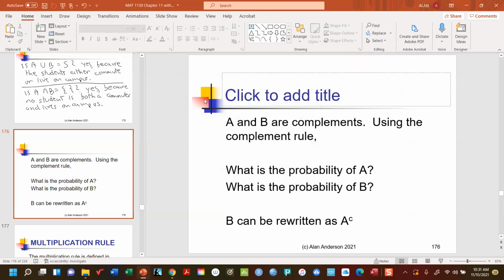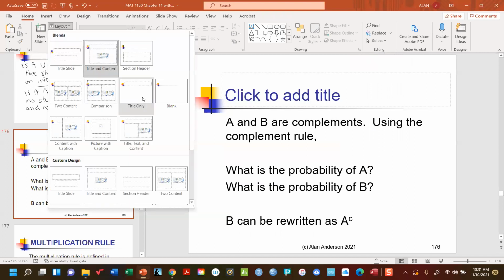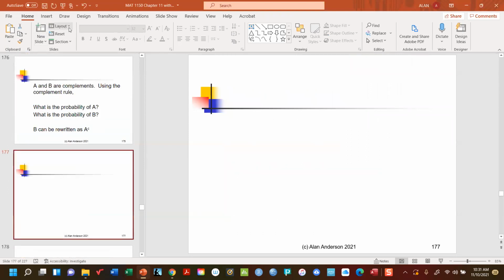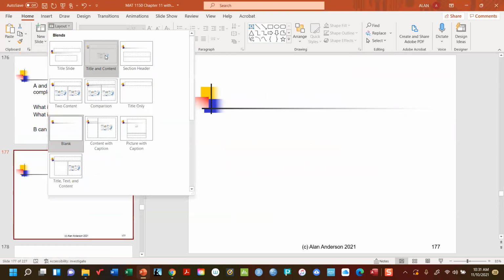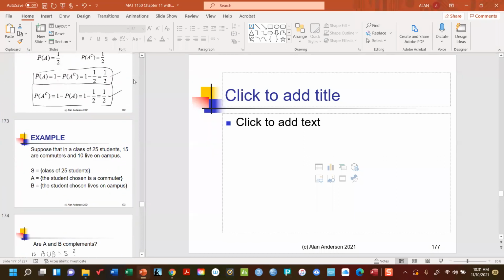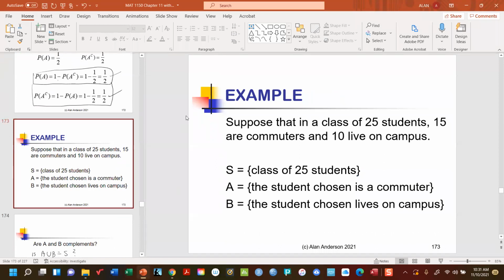So we're going to use our rules. But before we do that, it would be nice if we knew the probability of A by itself and the probability of B by itself. So remember the way we defined these. Let me just grab these again.